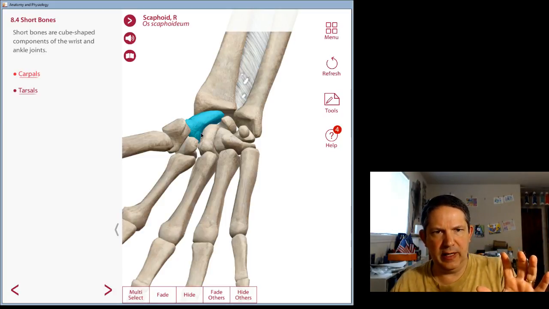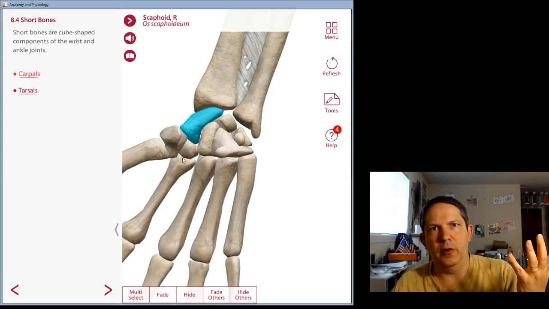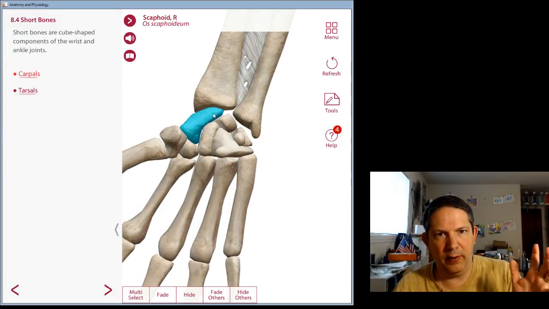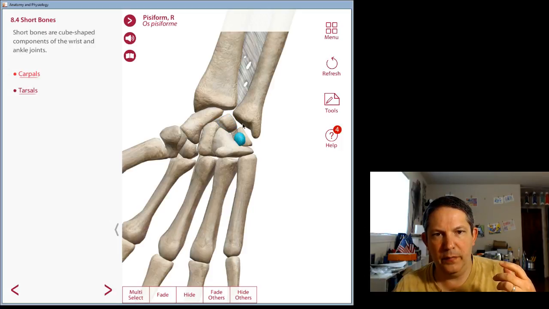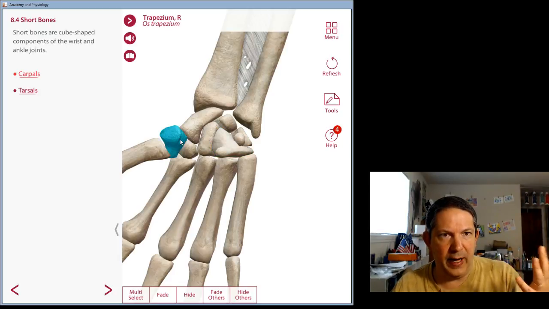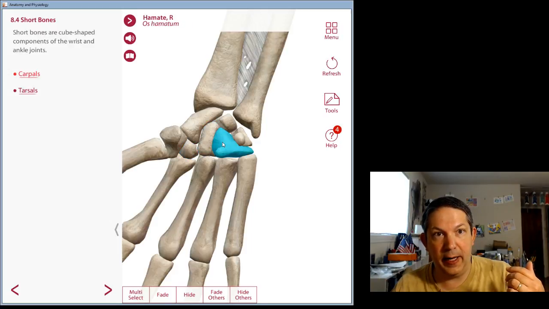So starting with the scaphoid, the most common mnemonic that I've heard is some lovers try, for triquetral, some lovers try positions, and then going back to the medial side, that they cannot handle.